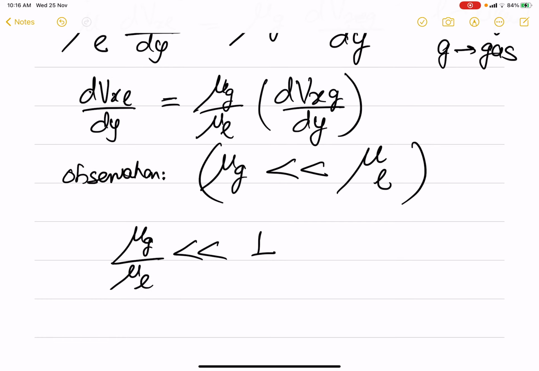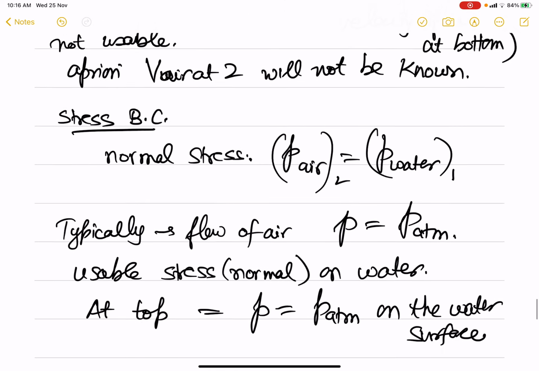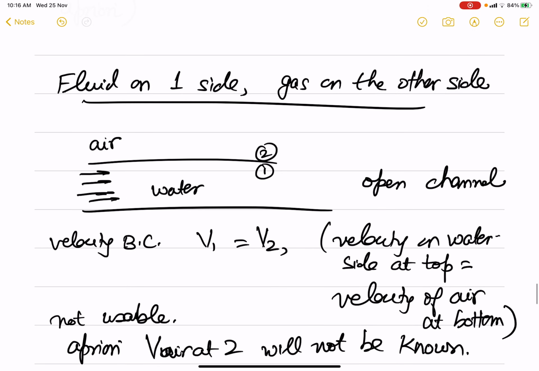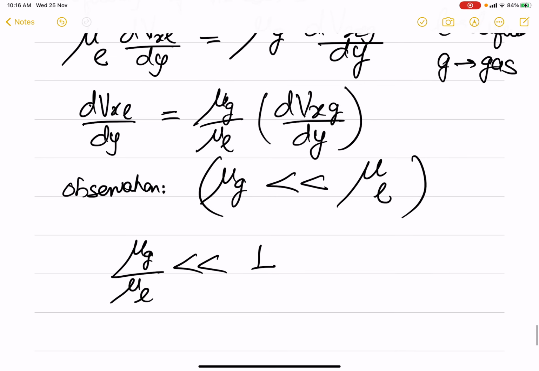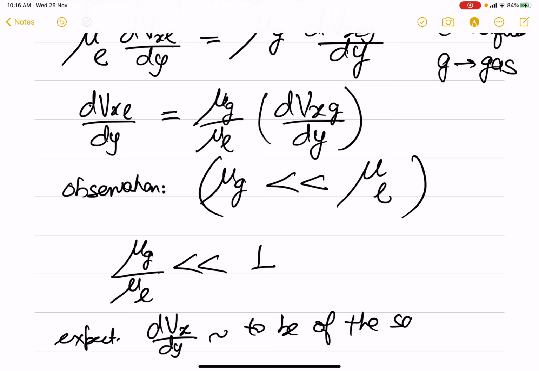Now the velocities at 1 and 2 will be equal. So if the velocities are equal and the distances traveled along the y direction are equal, then we expect dVx by dy to be of the same order on both sides.